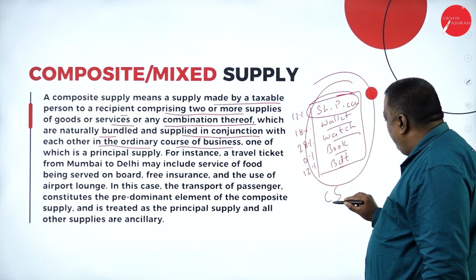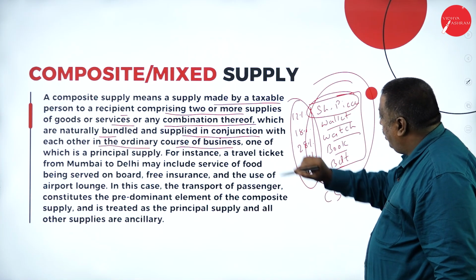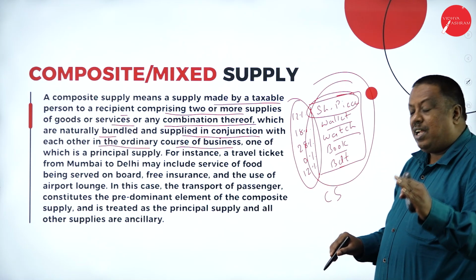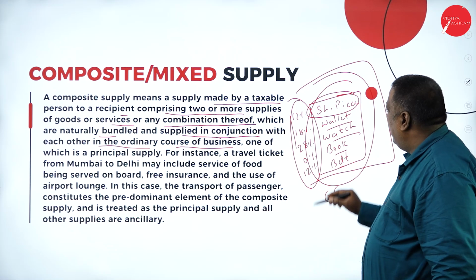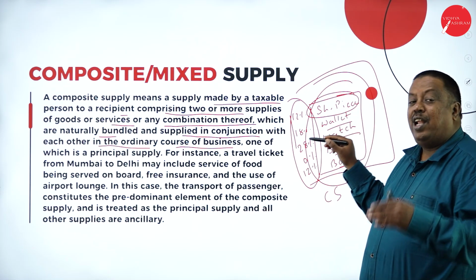In composite supply, the highest rate of GST that we have here is applicable for the entire pack. They will not divide and calculate the value of the shirt piece.